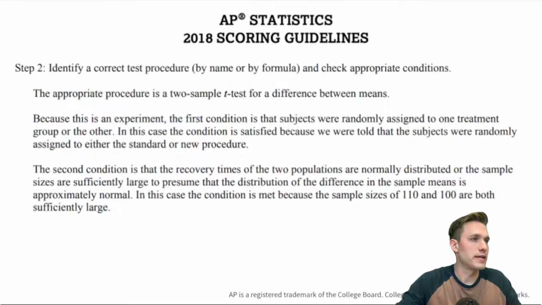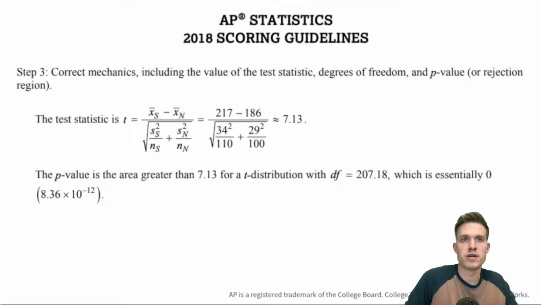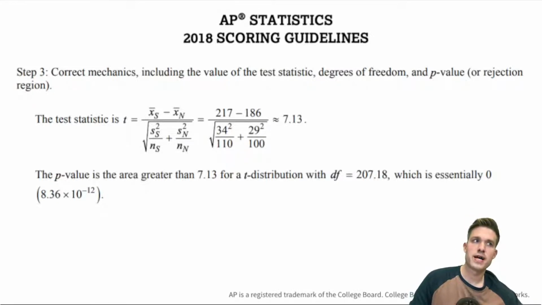And then if I look at step 3, correct mechanics, including the value of the test statistic, degrees of freedom, and the p-value. So our test statistic is correct, and we did have that correct p-value and degrees of freedom as well. If we were to look further into the scoring guide, a student would receive essentially correct if their parameters are correctly defined, their hypotheses are correct, the name of the inference is correct, or the formula.